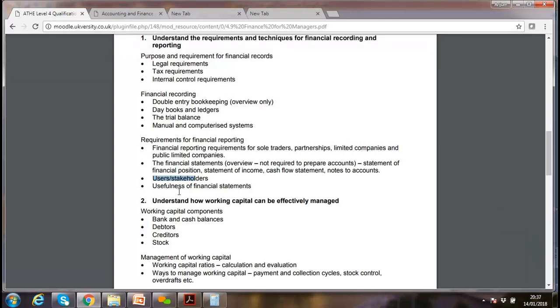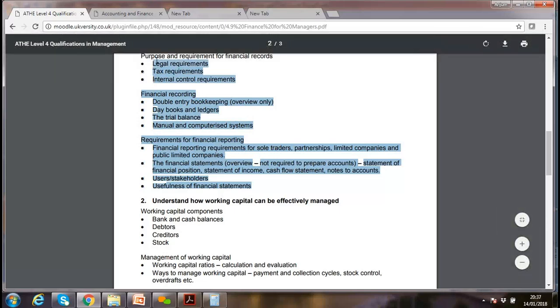The use of financial statements is that internal and external stakeholders can use them to make decisions, like a supplier deciding whether to lend us money or credit. That's all we'll go through for this lesson.